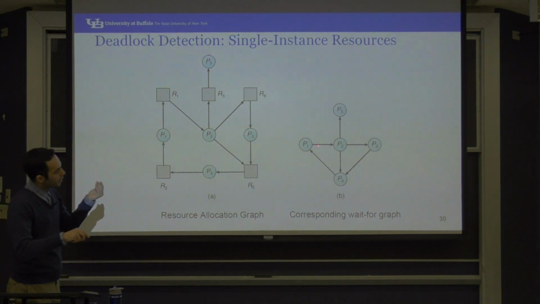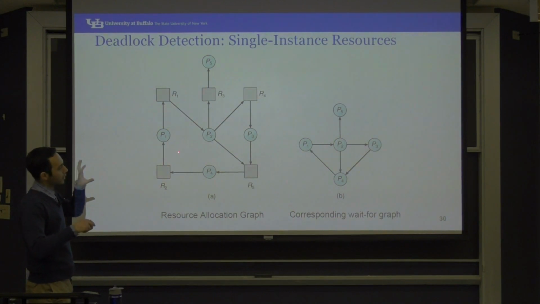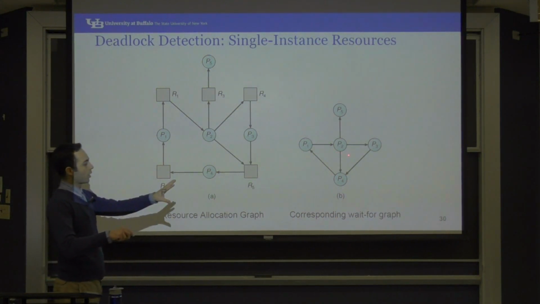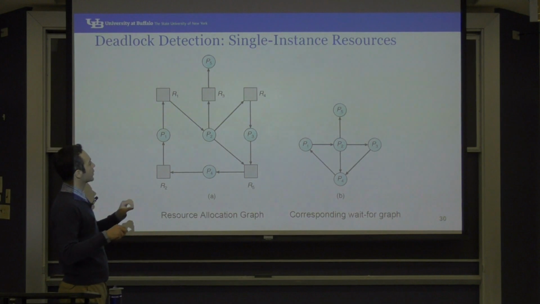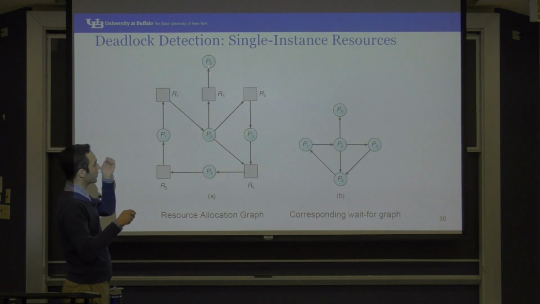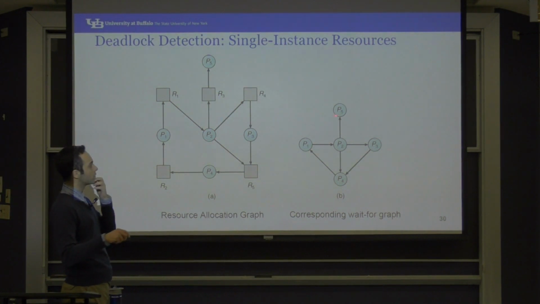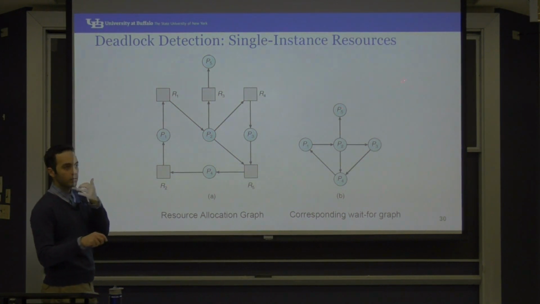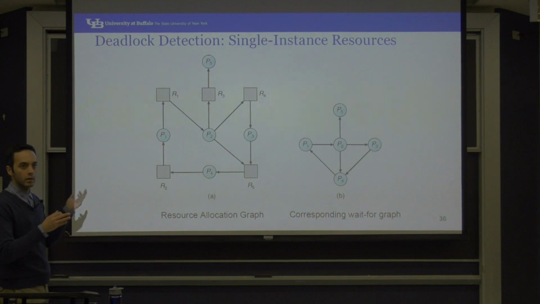So that's why you start with the resource allocation graph and then draw the wait-for graph. Again, if R3 is held by P5, that means only P5 can release R3. And if P2 is waiting for R3, that means P2 is indirectly waiting for P5. Is it clear?